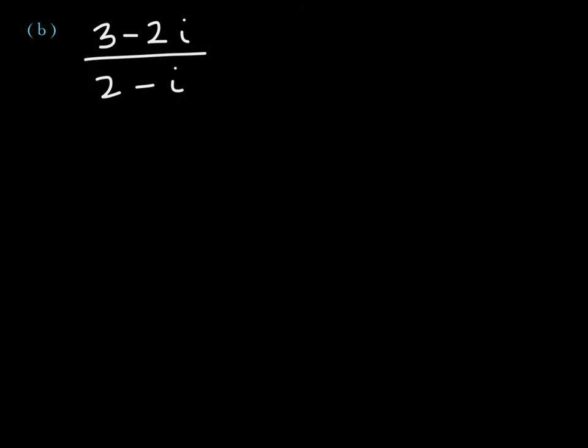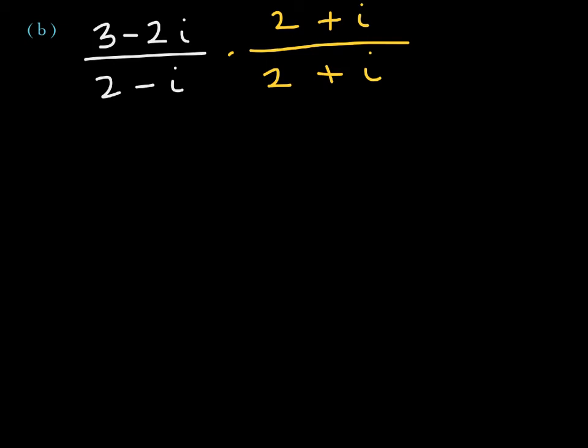Okay, 3 minus 2i divided by 2 minus i. Let's multiply the numerator and the denominator by the same thing, and that is the complex conjugate of the denominator, 2 plus i. All right, let's go. Now, we're going to have to distribute, all right?